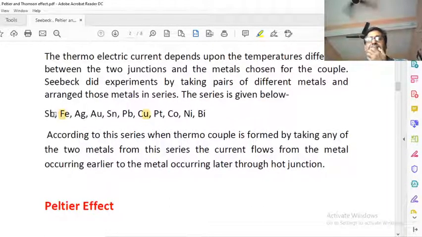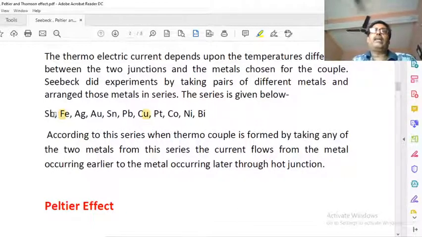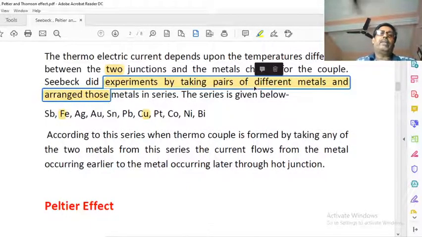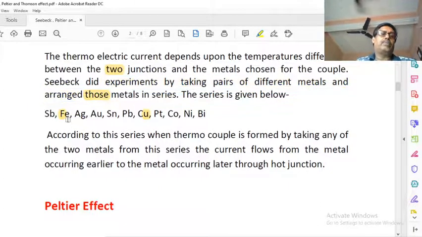So to avoid any confusion, remember one thing, either through cold or through hot. Otherwise, confusion will be created. Here, I have written that current flows from Fe to Cu because in my series Fe comes first, Cu comes later.